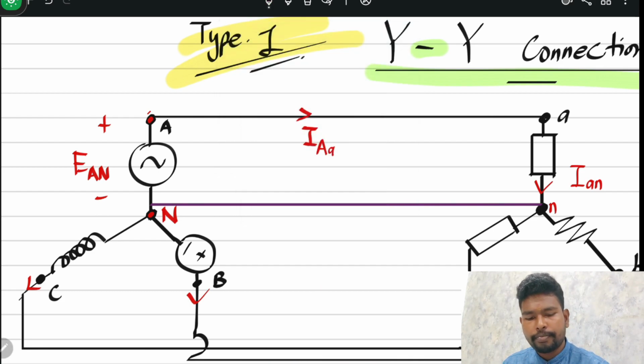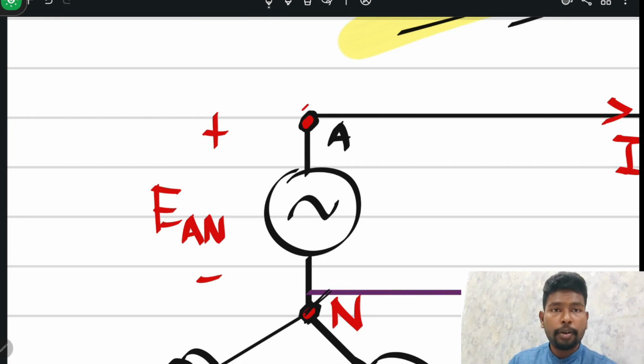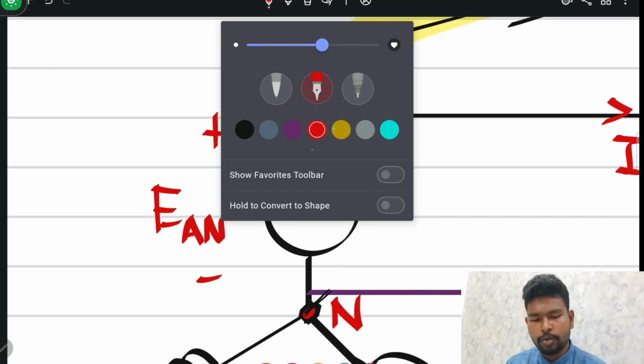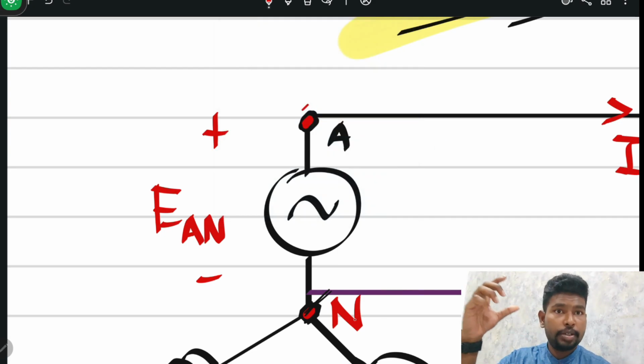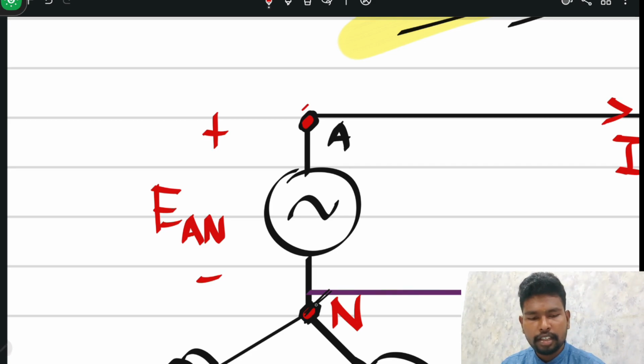If you look here, it's supposed to be connecting to the center. The node A, alphabet A, connects to capital N, capital A to capital N. This shows a potential difference. The N actually acts like a ground, isn't it?